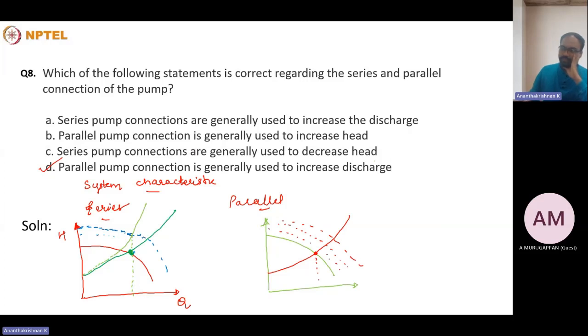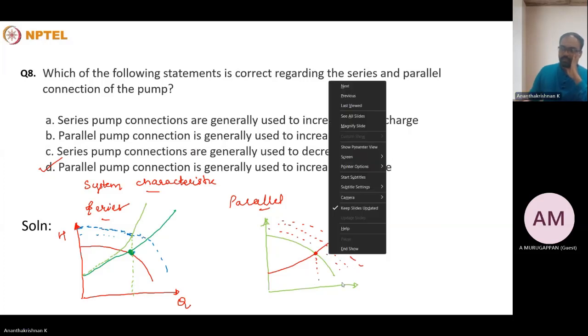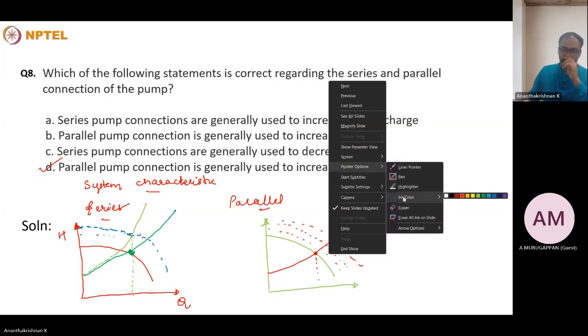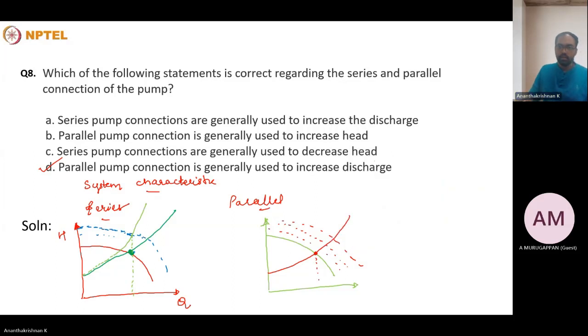And finally, the flow follows a new characteristic line of this particular pump.